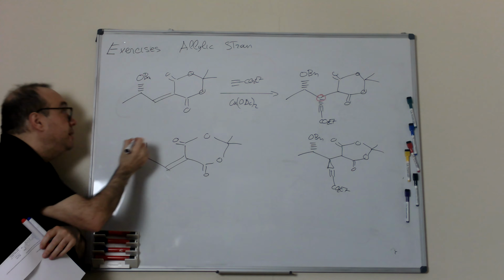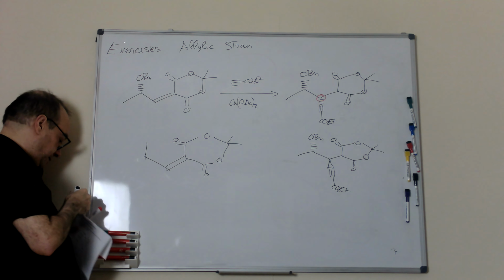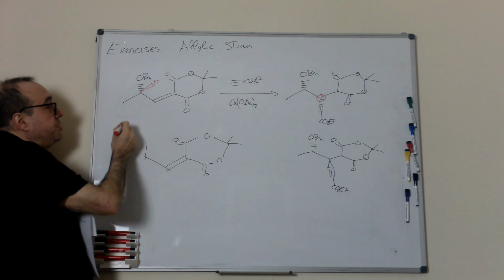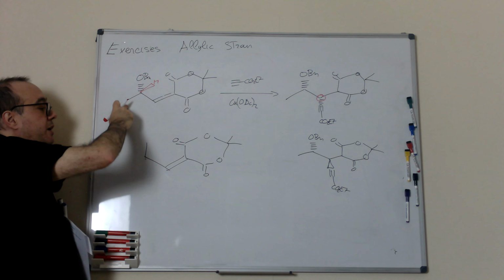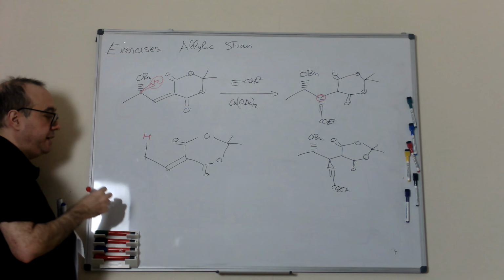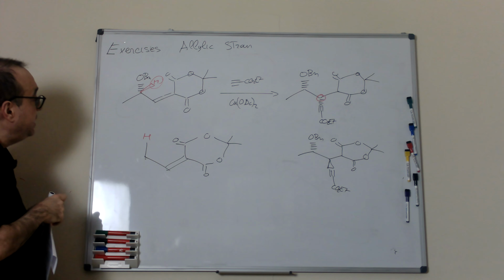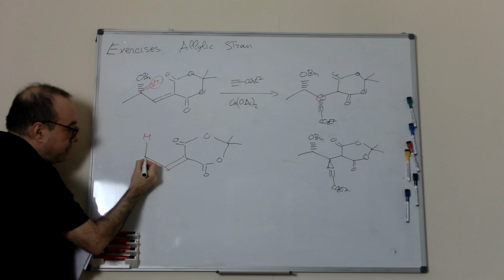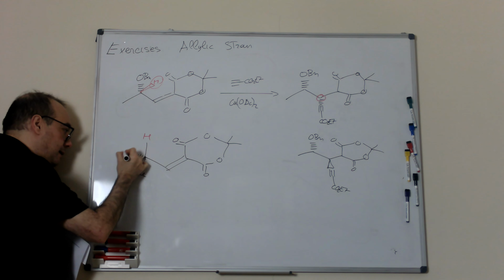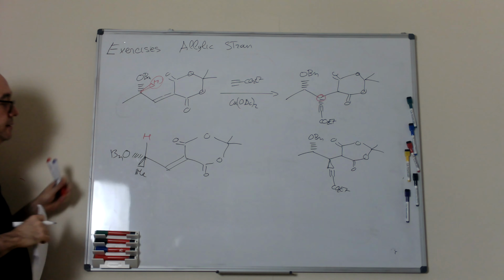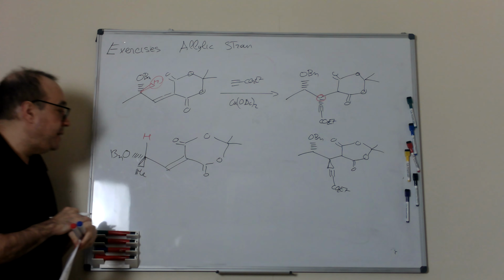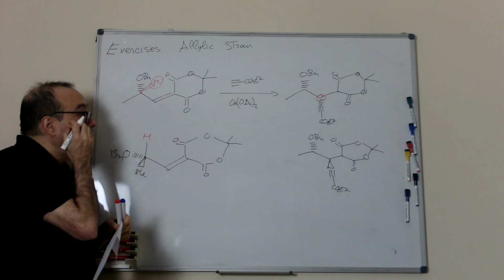If we check this center, we have a benzyloxy, a hydrogen that is coming in front, and a methyl. Which is the smaller one? Obviously the hydrogen. That means we put the hydrogen here. If we put the hydrogen here, the methyl is in front, and the benzyloxy is behind the slide.